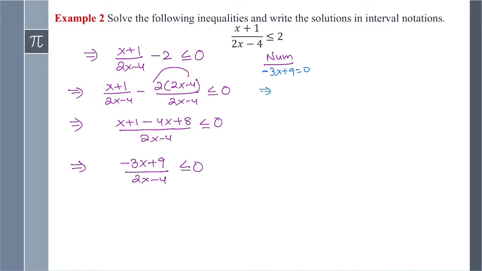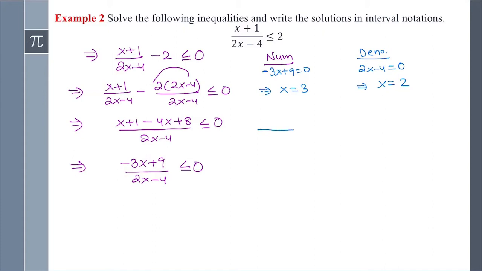Subtract 9 on both sides and then divide by negative 3, so we get x equals 3. Similarly, we take the denominator, which is 2x minus 4, and set it equal to 0. Subtract 4 on both sides and divide by 2, so we get x equals 2. So these are the critical numbers.